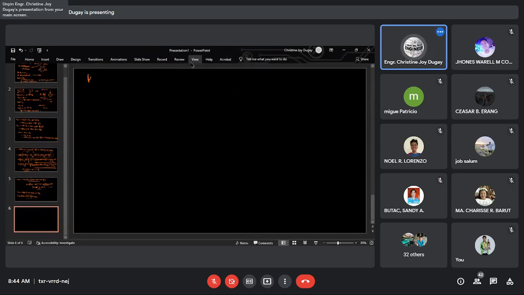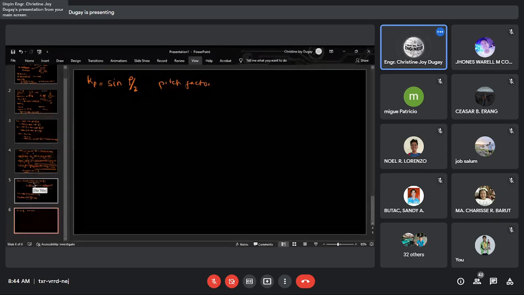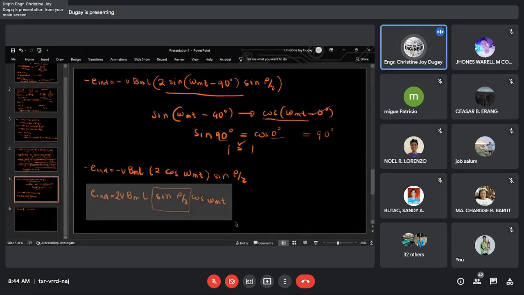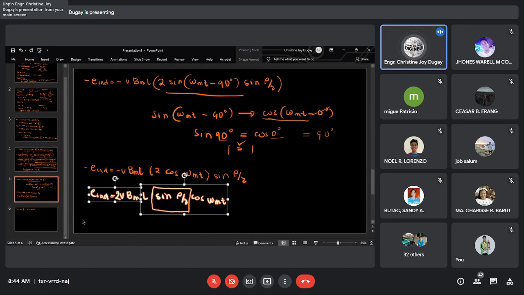KP is equal to sine rho over 2. So, yan na po yung formula po natin. Ang tawag po dito is pitch factor. So, kung kukunin natin ito, yung equation po natin na yan, papalitan lang natin si sine rho over 2.